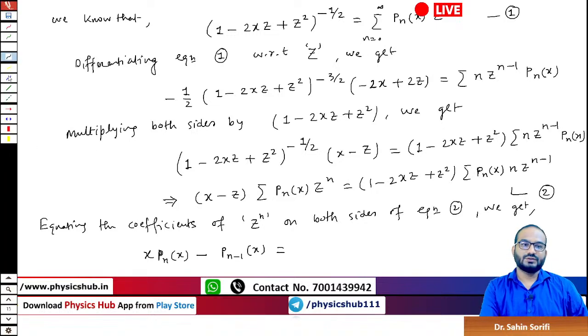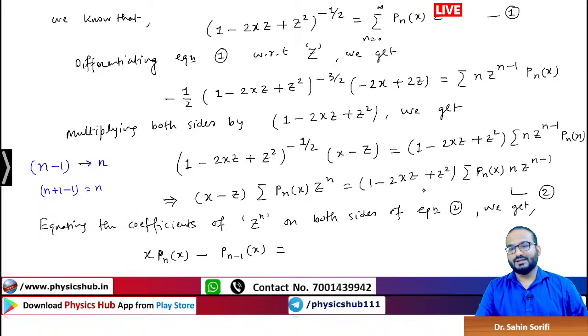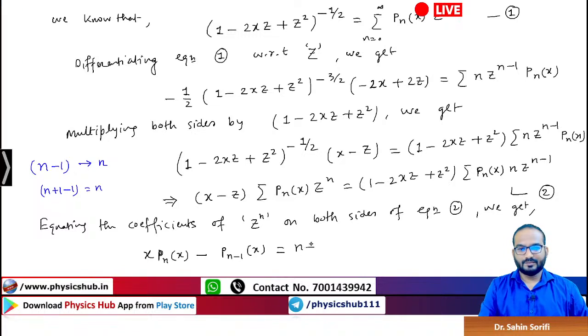What you can do so that n minus 1 becomes n? If you put n equals n plus 1, then that becomes n. So 1 into P_n(x) n z^(n-1): you have to put n equals n plus 1, and that will give you n plus 1, and here also P_n will become P_{n+1}(x) z^n.